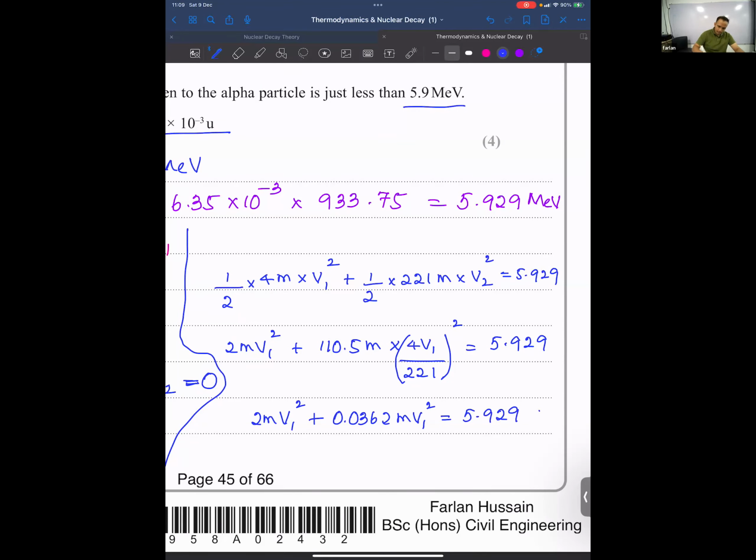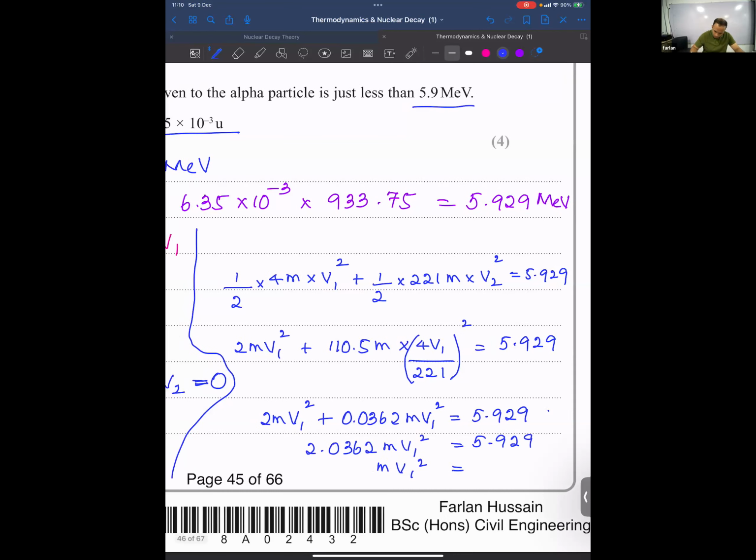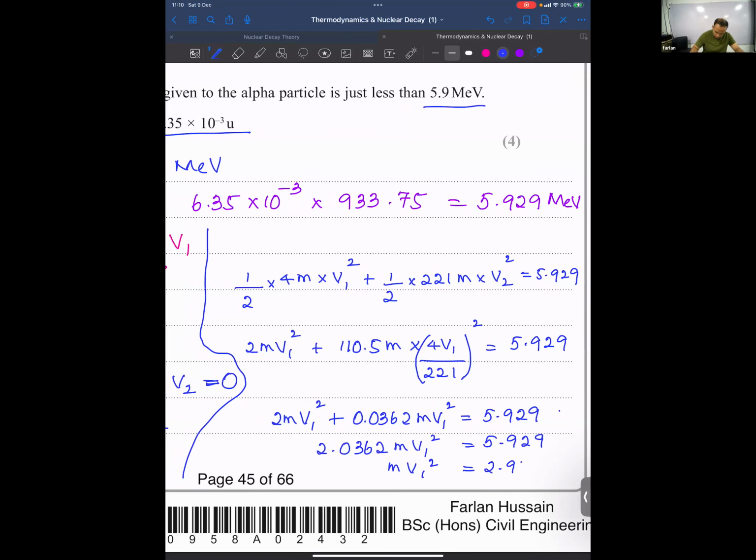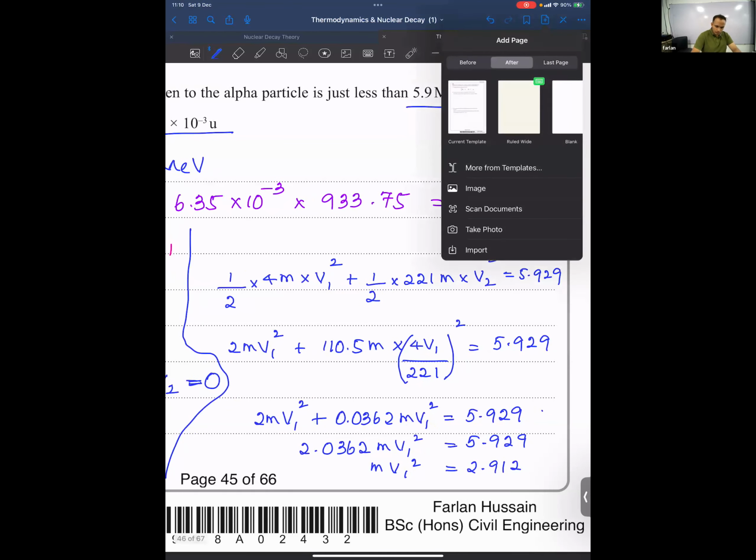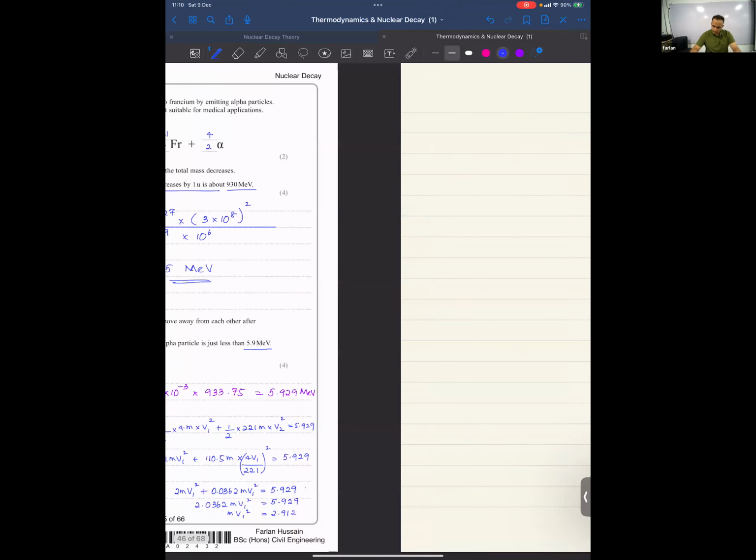So if I add them together, 2.0362 mV1 square is equal to 5.929. So mV1 square will be 5.929 divided by 2.036, which is 2.912 mega electron volts. Listen, the last bit. Guys, that is the mV1 square.